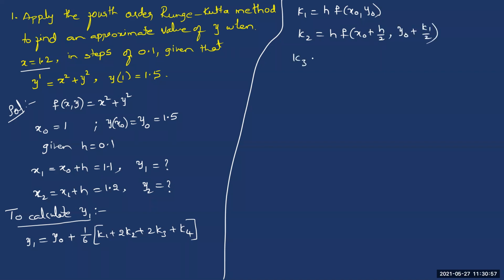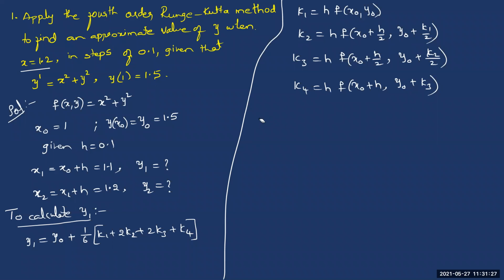Then k3 is equal to h into f of x0 plus h by 2 and y0 plus k2 by 2. Then k4 is equal to h into f of x0 plus h comma y0 plus k3. So this is the formula which you are using here. Let us substitute everything one by one.